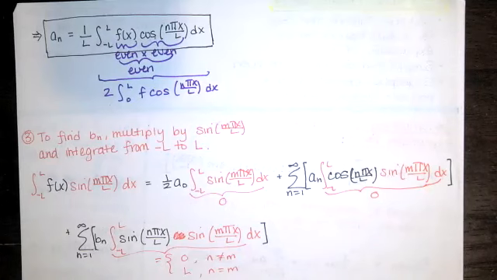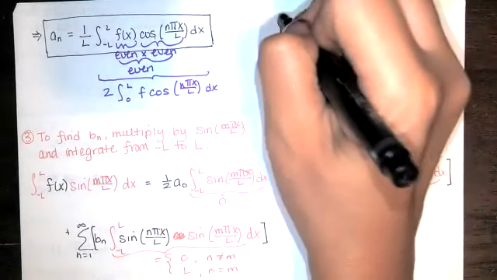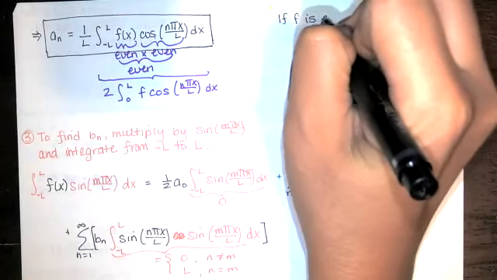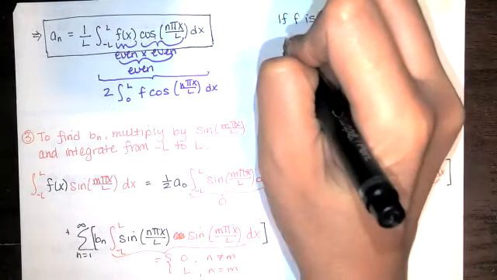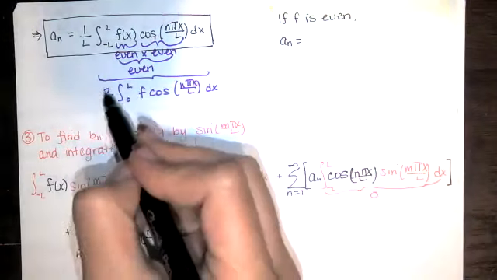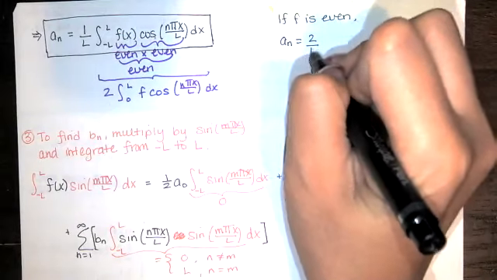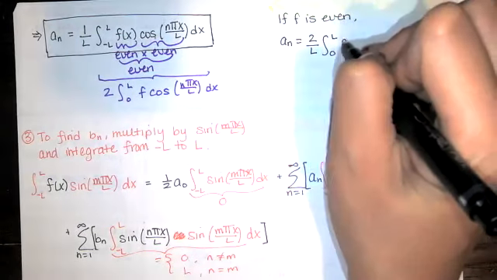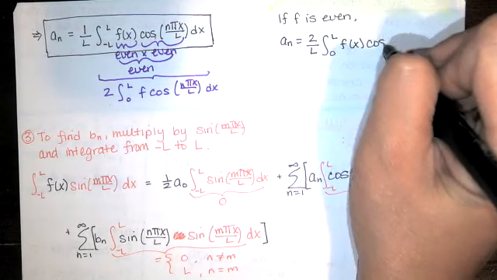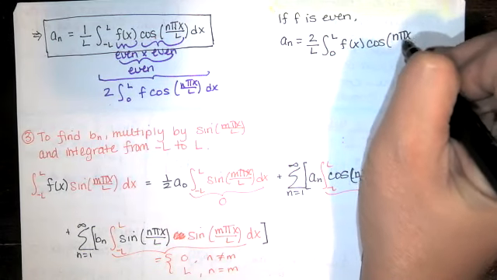So if f is even, a sub n becomes 2 times that 1 over L, which is 2 over L, times the integral from 0 to L of f of x times cosine of n pi x over L.